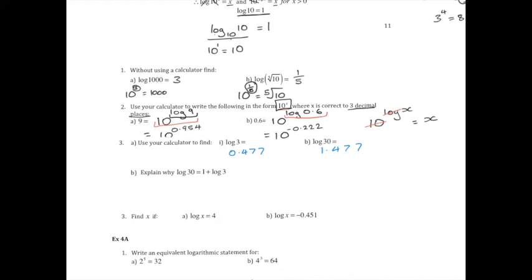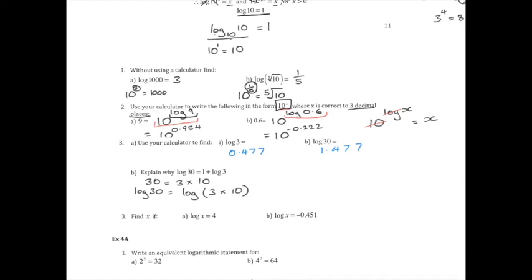What's the relationship between the number 30 and 3? Well, 30 is just 3 times 10. So log of 30 is log of 3 times 10.